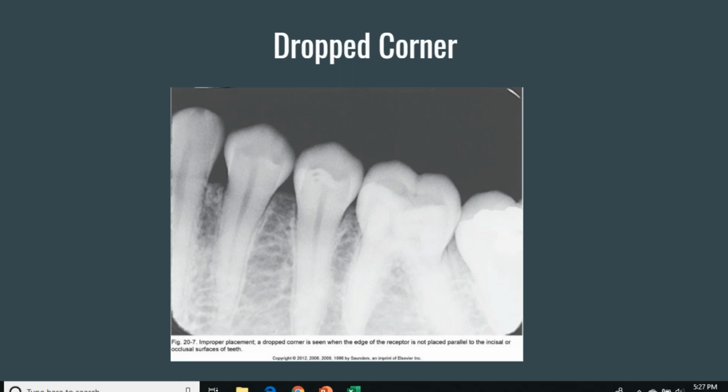So what happened here? The edge of that film wasn't parallel with the teeth. So that occlusal plane looks tipped. And to prevent that, just take a look before you have that patient closed down completely and make sure that that occlusal surface and the top of that film is parallel.